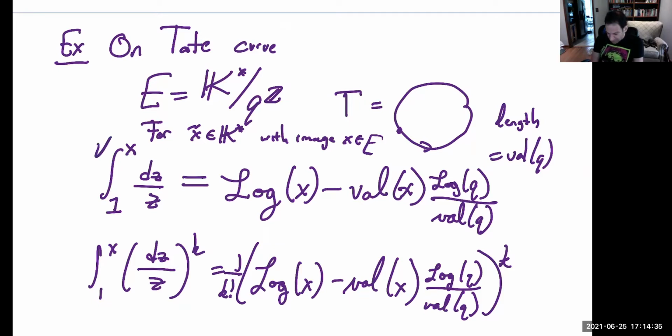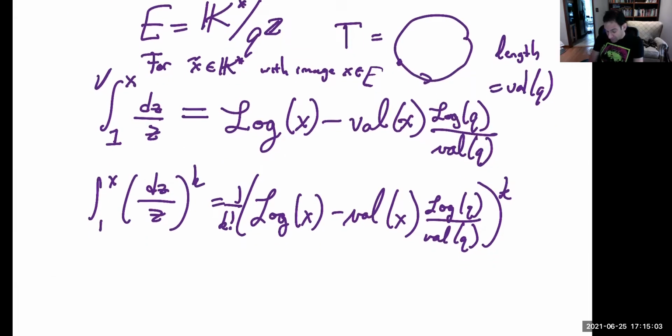So I have the classical integral, the Berkovich-Coleman integral, which by the characterization of what it is on annuli is just log of x, but then I have to subtract something off coming from the canonical path. And it ends up being a tropical single integral. It's defined in such a way to eliminate periods, so it's forced to be this: valuation of x times log of q over valuation of q.